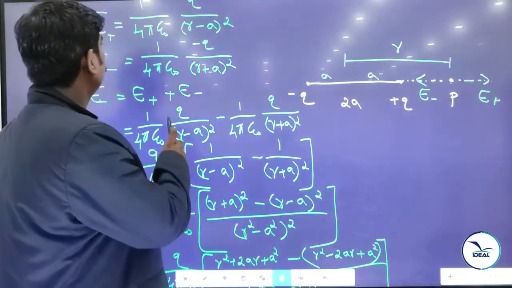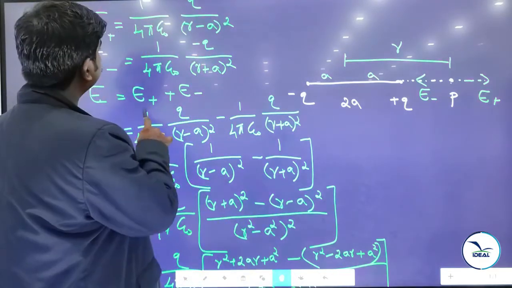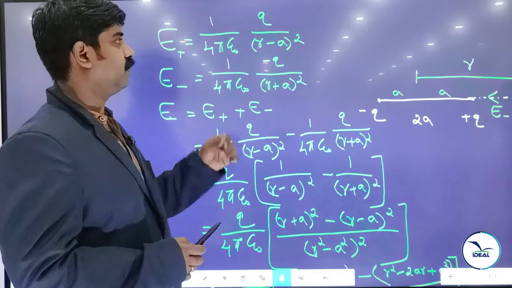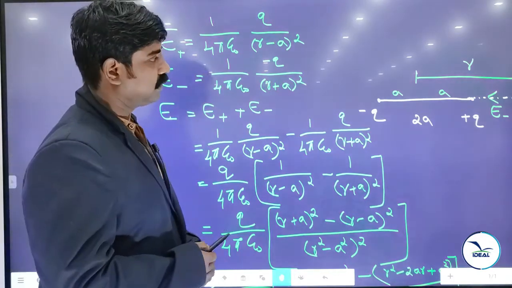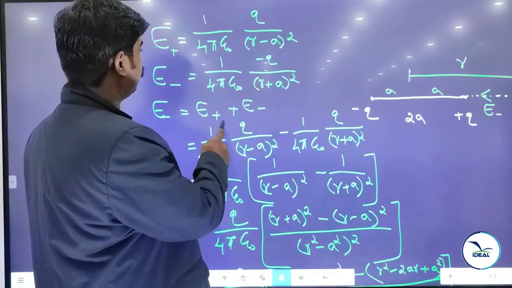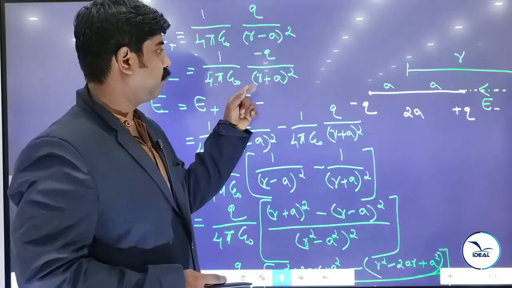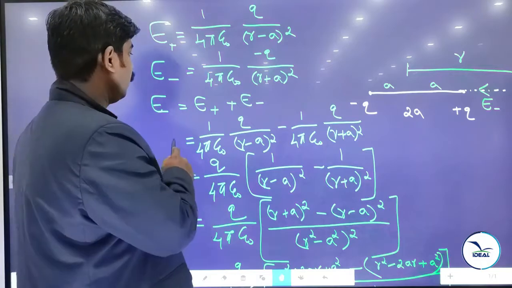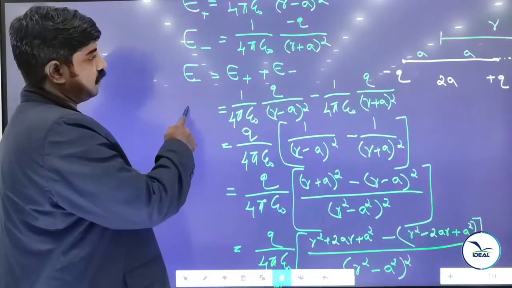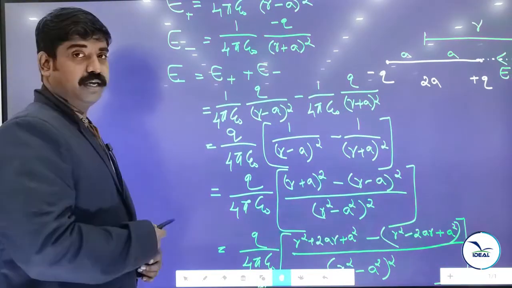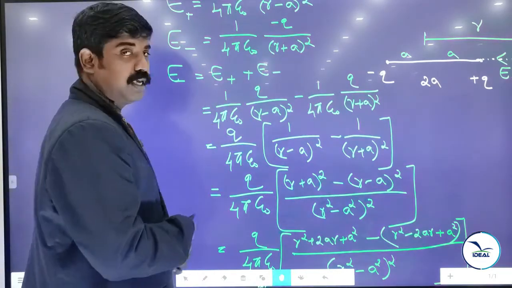Okay. Then we got E plus is equal to 1 by 4 pi epsilon 0 q by (r minus a) whole square, and E minus is equal to 1 by 4 pi epsilon 0 minus q divided by (r plus a) the whole square. And we need to find the total electric field, that is E is equal to E plus plus E minus.